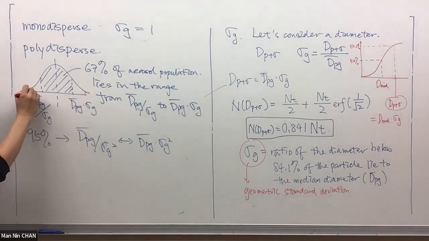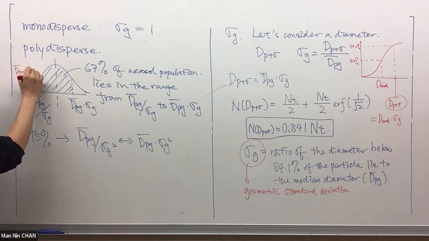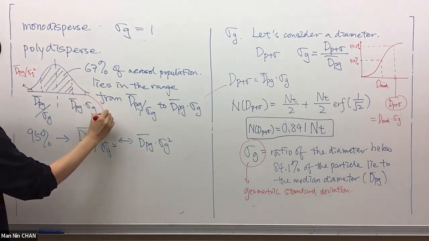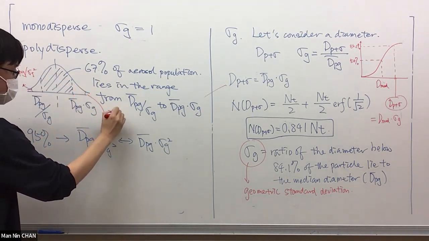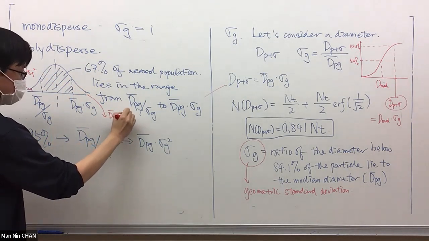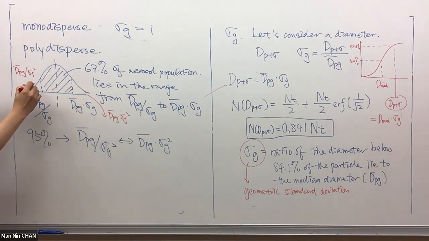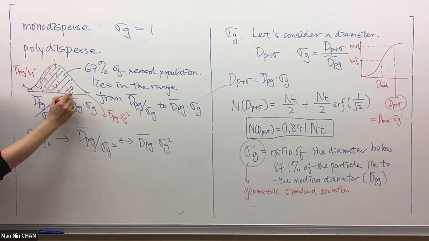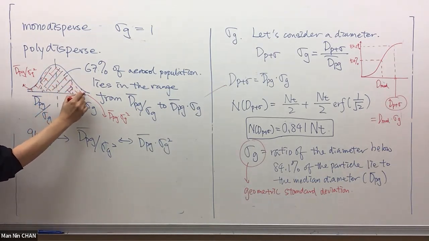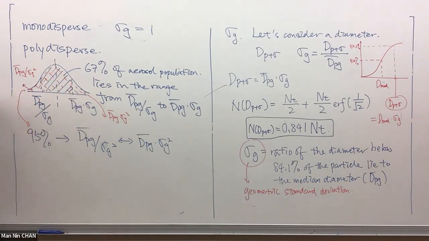So I use the red dot here. Now if you just have this red size range, maybe I draw the line, that will give you 95%.